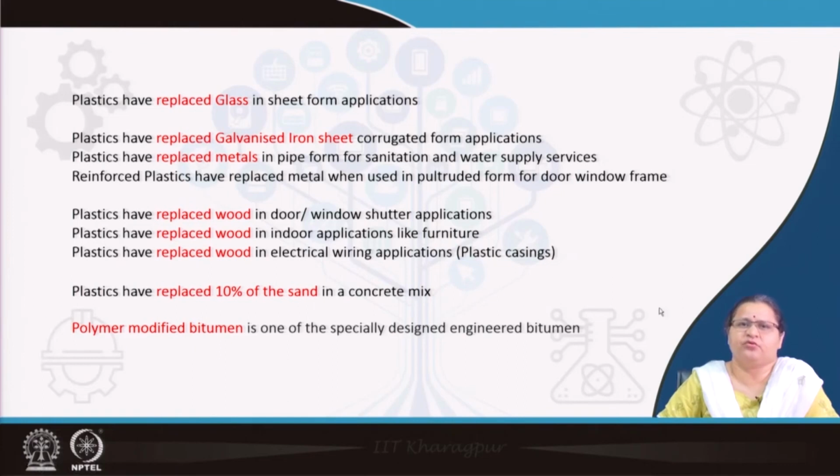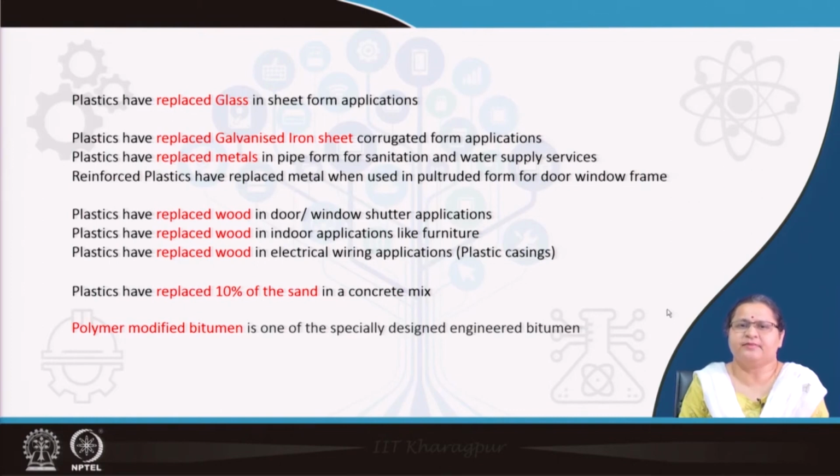Replaced wood in door window shutters, replaced wood in indoor applications like furniture, replaced wood in electrical wiring application with plastic casings. Wood fiber materials, plastics have replaced for acoustical boards.